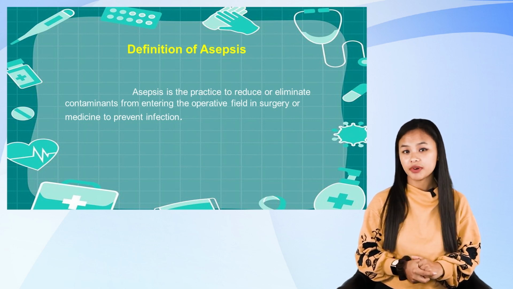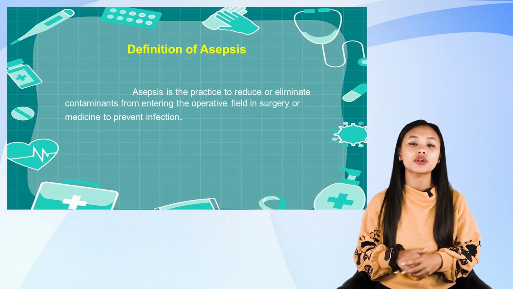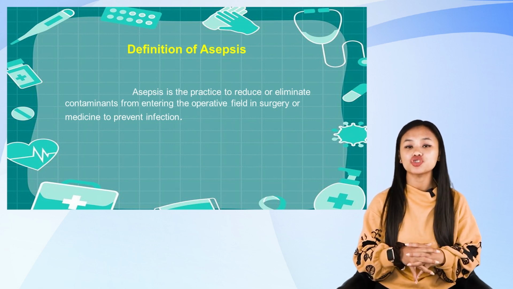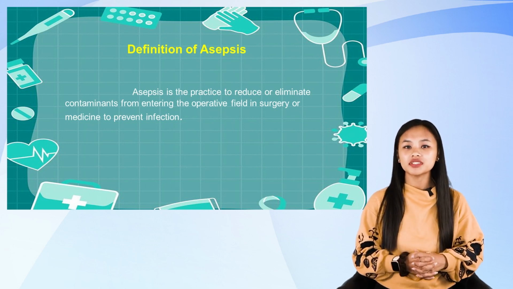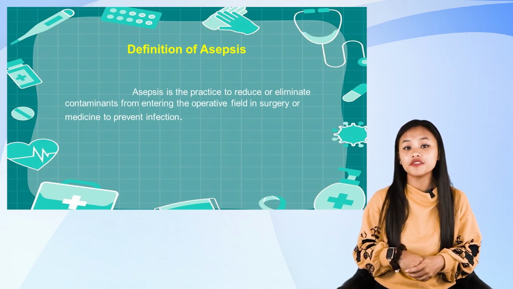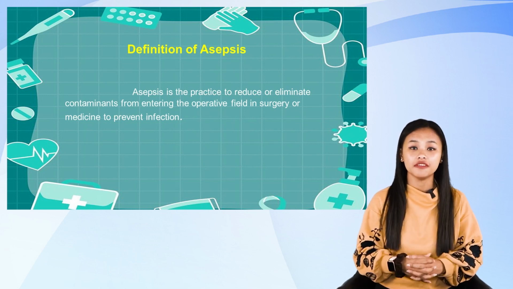So what do you mean by asepsis? Asepsis is the practice to reduce or eliminate the contaminants such as the bacteria, the fungus, the protozoa, or even the parasites from entering the operative field in the surgery or the medicines in order to prevent infection.